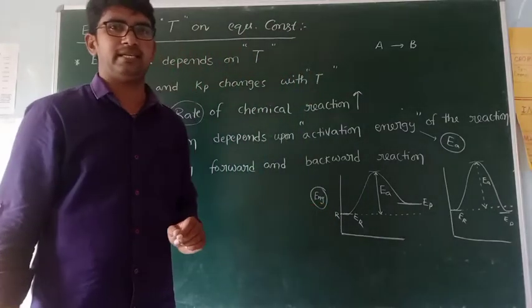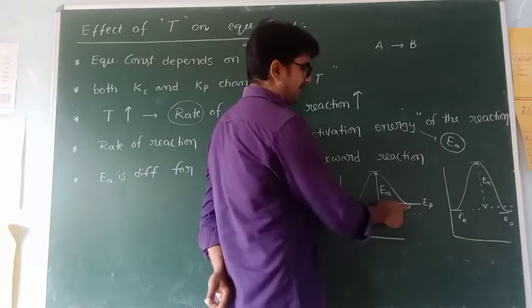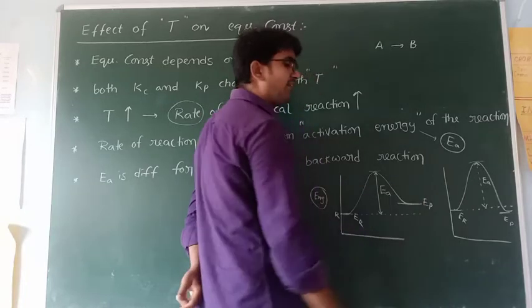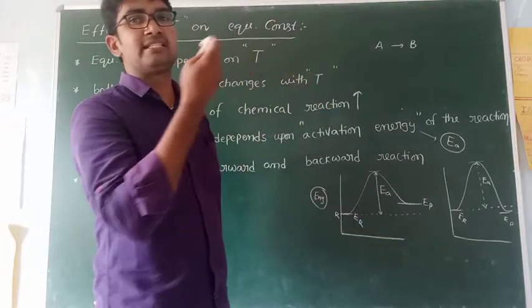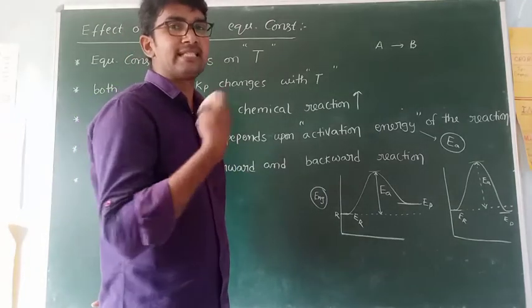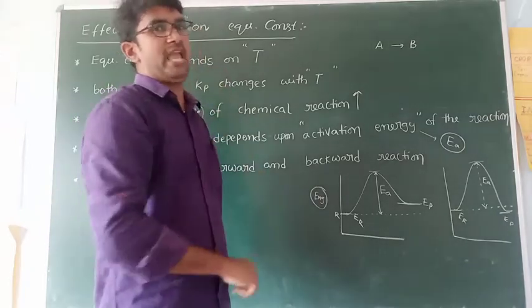In this case, the energy of the reactants is less than the energy of the products, meaning after the reaction completes, the energy of the products increases. That means energy is absorbed, which is nothing but heat absorbed, so it is an endothermic reaction.